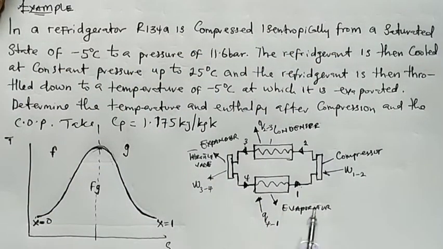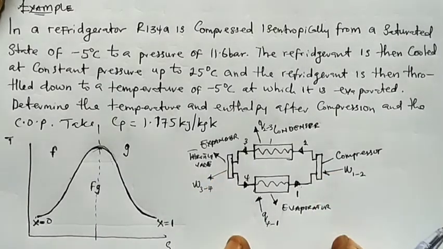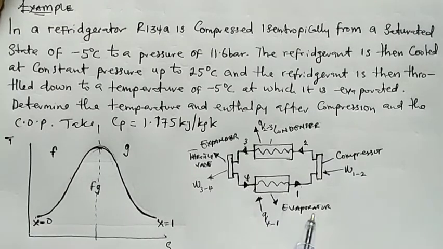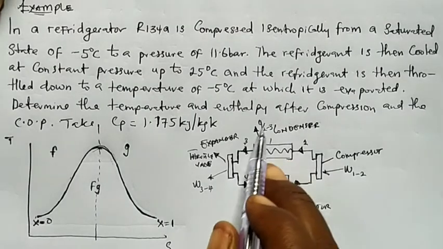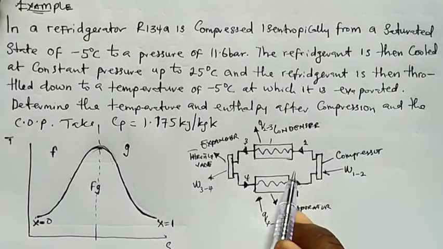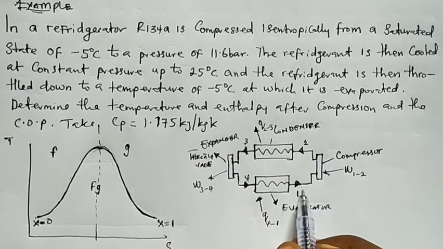Now you see 1 and 4 are at the evaporator, and at the evaporator, that is where heat is being absorbed. Is that taken? At the condenser, that is where heat is being rejected. So it's at the saturated state. What saturated state is at state 1.